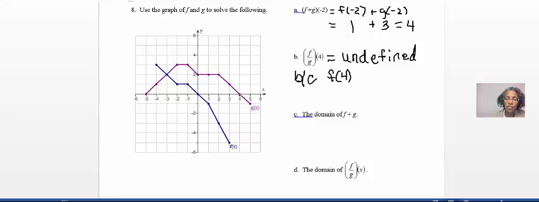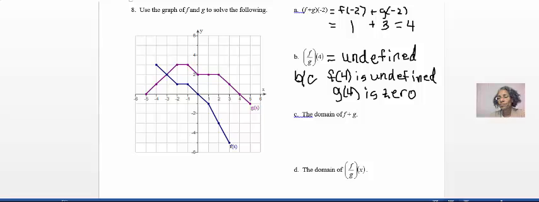Notice there is no point on f that has an x coordinate of 4. So f of 4 is undefined. And it's also undefined because g of 4 is 0, and we can't divide by 0. So we have 2 reasons that that's not defined.